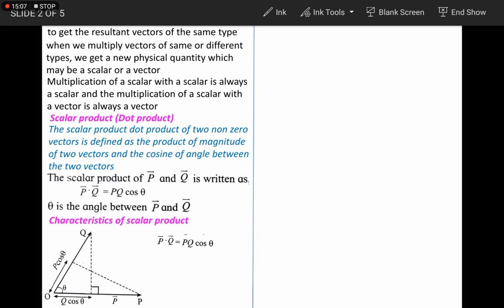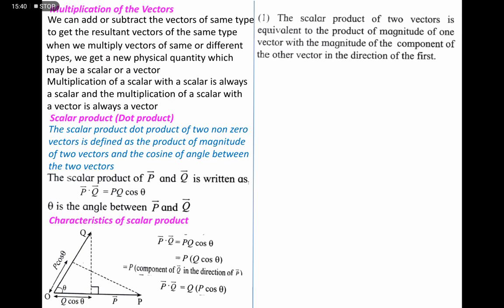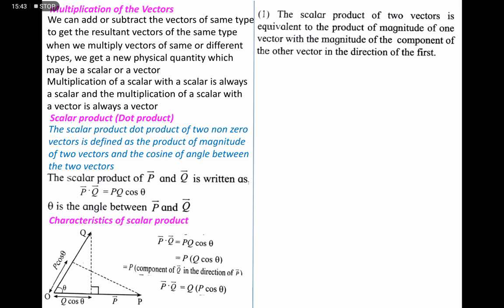So according to the statement, p bar dot q bar is equal to pq cos theta. Then we'll write p into bracket q cos theta. The component of q in the direction of p bar is q cos theta, and p bar dot q bar is equal to p q cos theta.